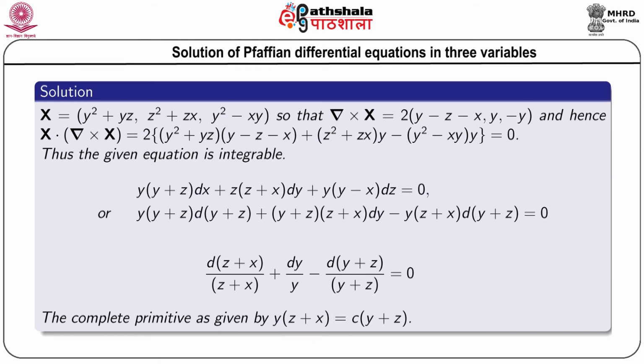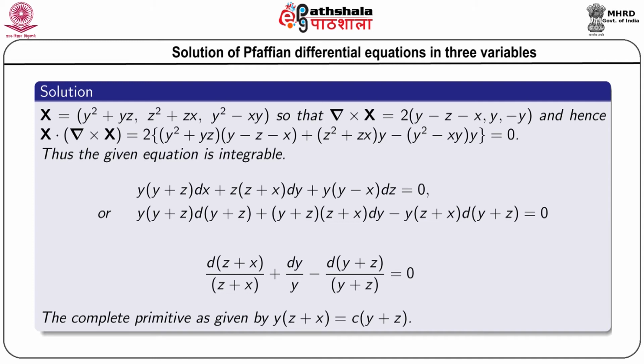So, capital X vector is (y square plus yz, z square plus zx, y square minus xy). So, curl of X is this. X dot curl X becomes 0. Therefore, the given equation is integrable.